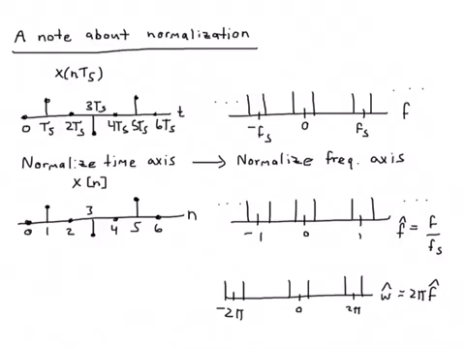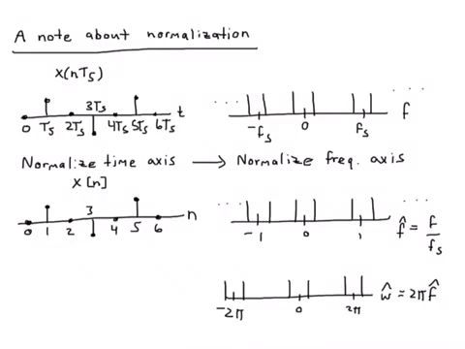Okay, we can also think about, well, if I'm going to store this thing in a vector, in the computer, say in MATLAB, I'm not necessarily going to store this whole time axis here, right? I'm just going to store the sample points in a vector. And so they'll be numbered 0, 1, 2, 3, all right? So I've basically normalized the time axis.